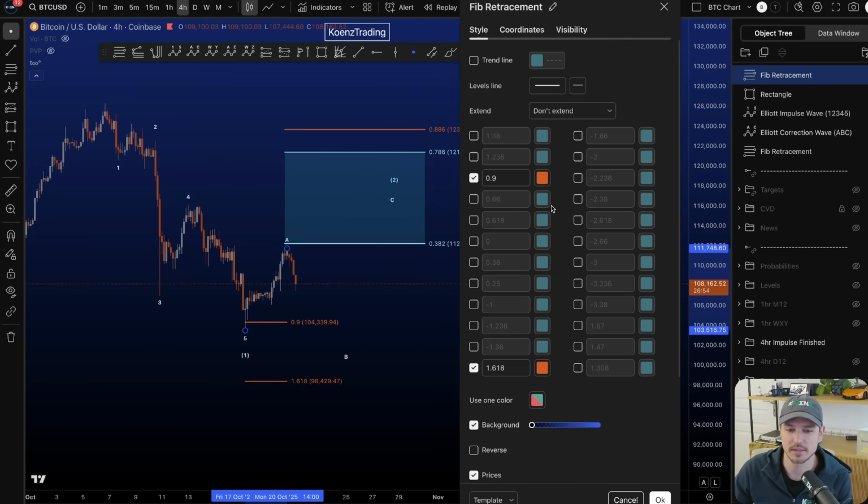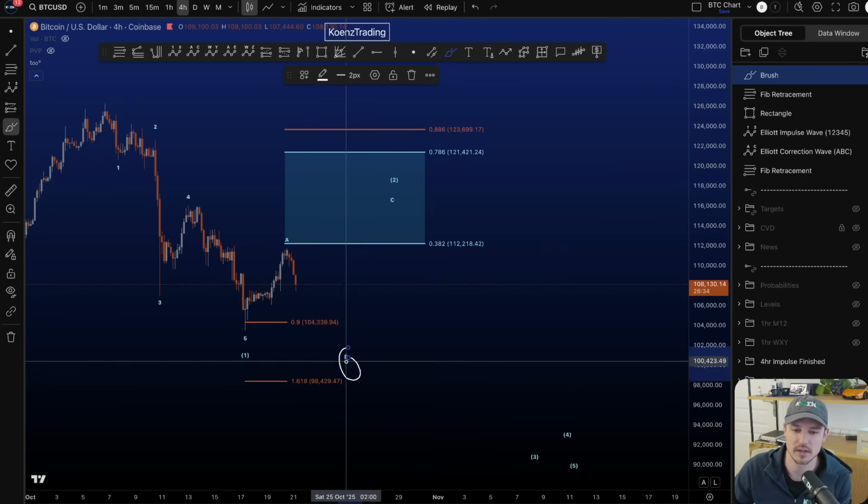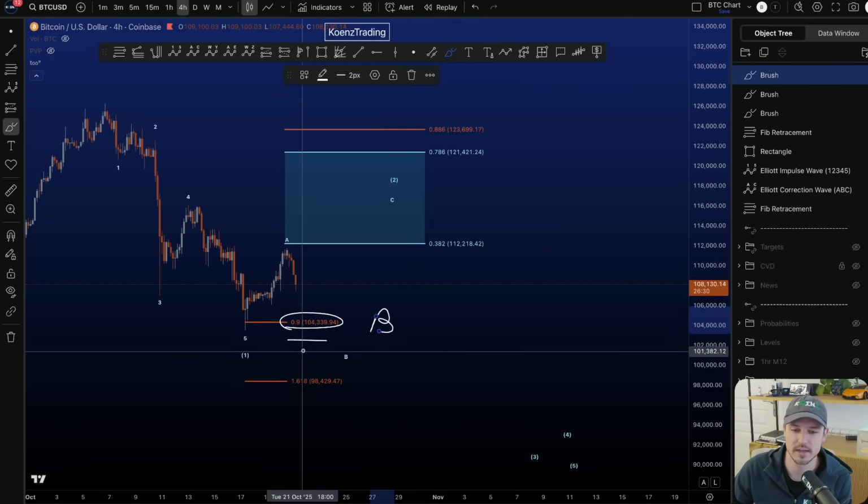So, in a bit of a nutshell, your target area for a regular flat is the 0.9 to the 1.05 for wave B, while for an expanded flat, the book says it should go at least to 1.05 to 1.38. If you get a wave B to the downside, you're looking for 0.9 to 1.05 for a regular flat.